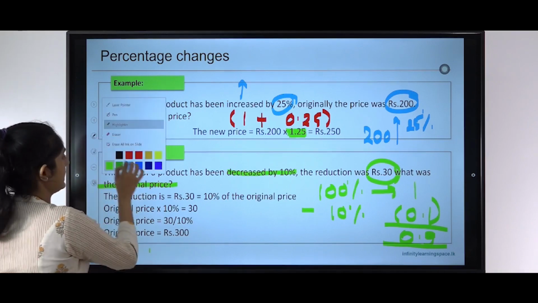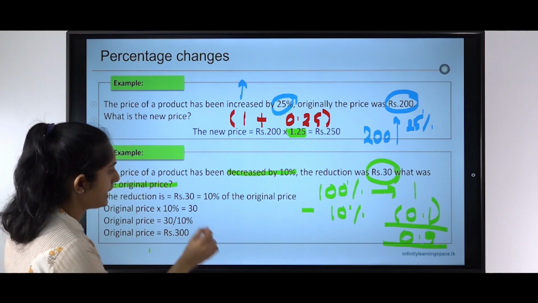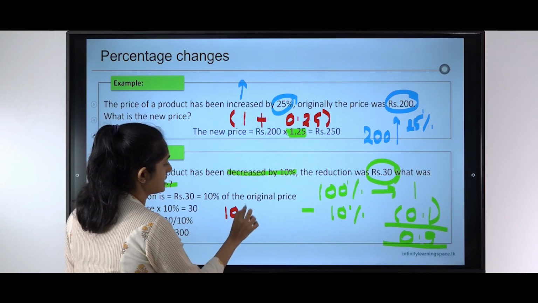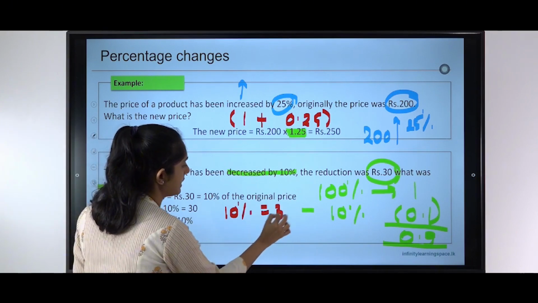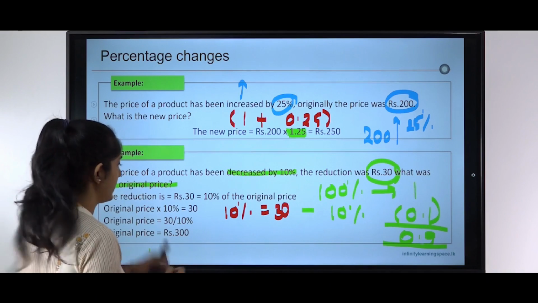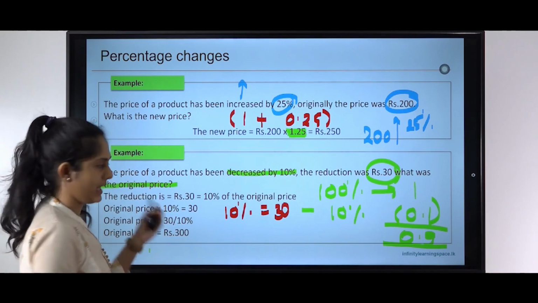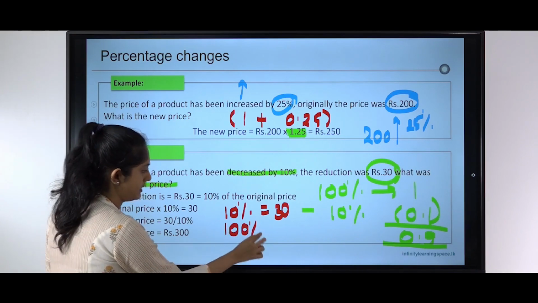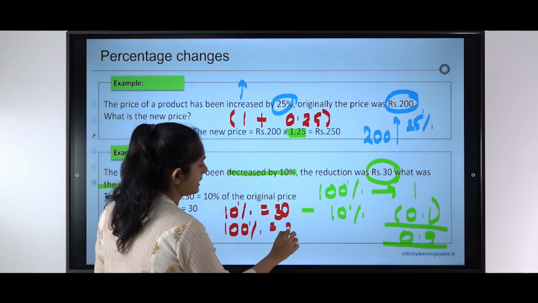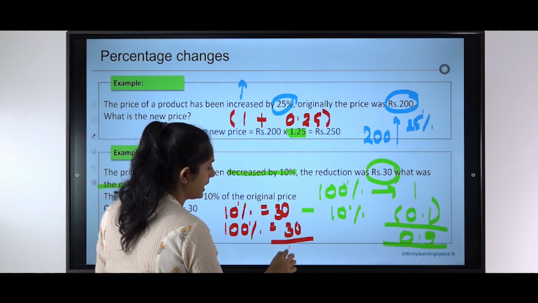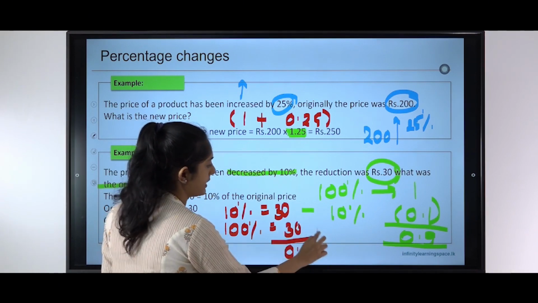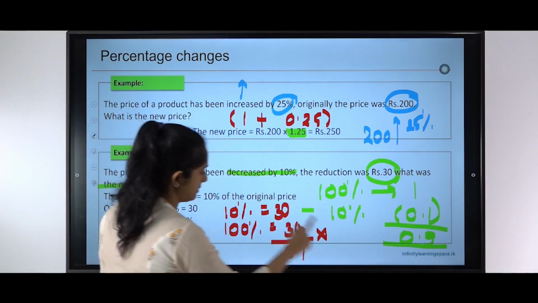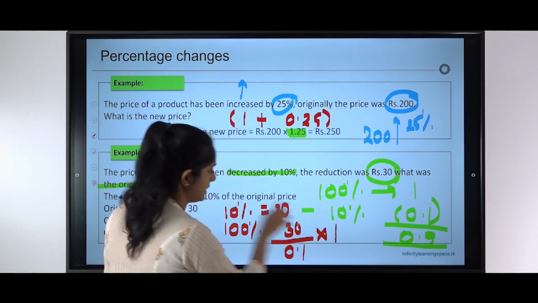So now what they said is that reduction was rupees 30. So 10% is rupees 30, right? So we need to figure out the original price. Original price was 100%, which is 30 divided by 0.1 into 100% into 1.